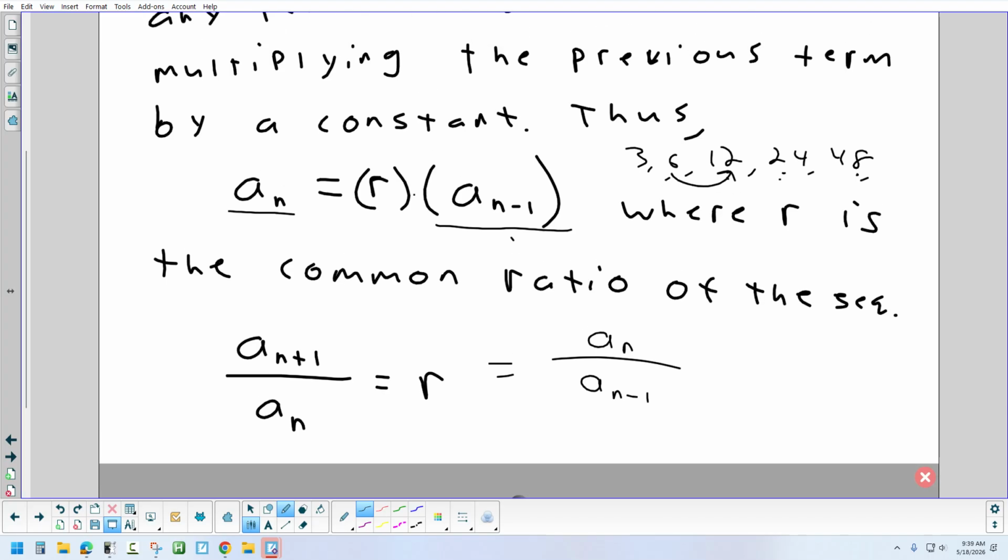And now let's see if we can think of the formula a little bit. If I want to get from here to there, I have to multiply by 2 how many times? To get from the first term to the fourth term.